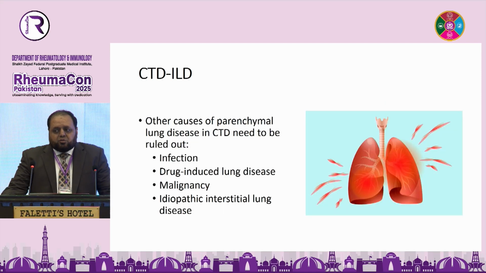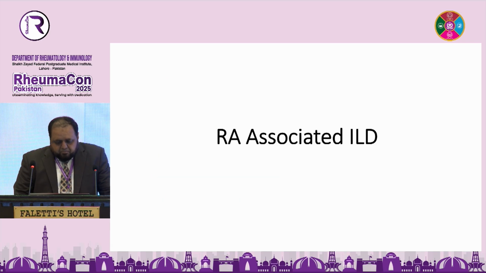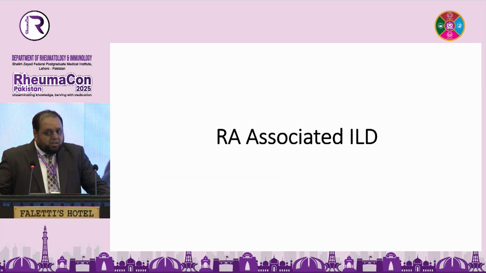So before diagnosing a patient with connective tissue associated ILD, other causes of parenchymal lung diseases in CTD need to be ruled out. And these conditions include infection, drug-induced lung disease, malignancy, idiopathic interstitial lung diseases. So now I am going to discuss these entities one by one.